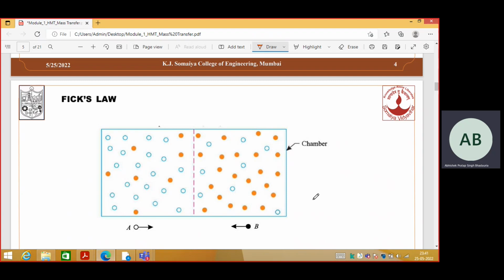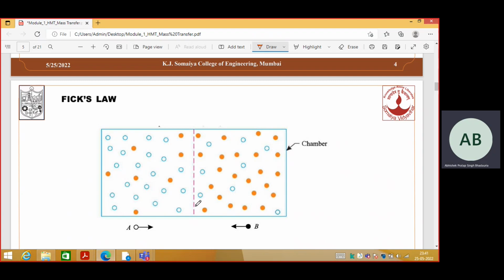So we have to understand first the mass diffusion. Let's consider a chamber in which two different gas species, A and B, at the same temperature and pressure are initially separated by a partition.